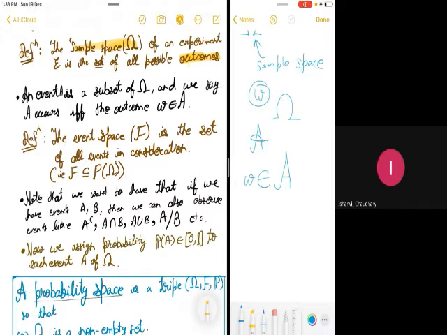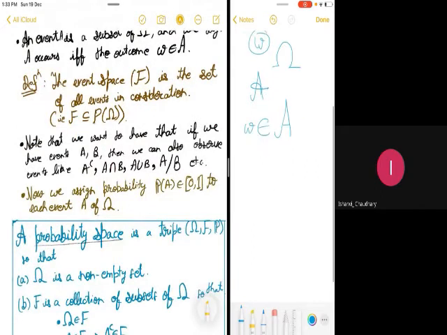Okay. So, let's go on to define the event space. An event space F is the set of all events which we want to consider. For example, suppose our experiment is a coin toss, then the events would be head, tail, head or tail, and phi, which is the empty event.